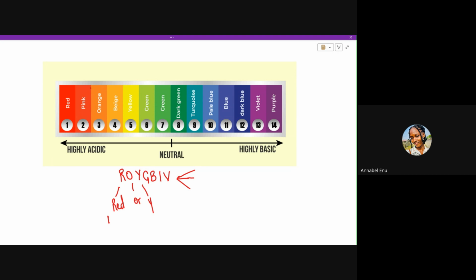So these two are more like another 2 shades of orange. Then we see yellow. This is our red, orange, yellow, and this green, which is the G, right? These are shades of green. So the further we go, the darker the green tends to be.